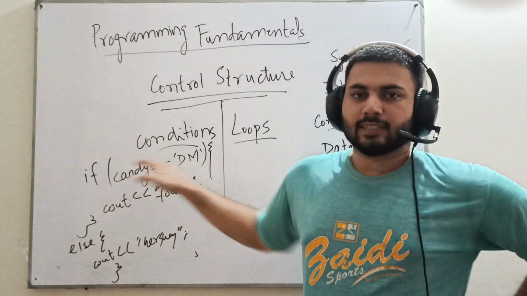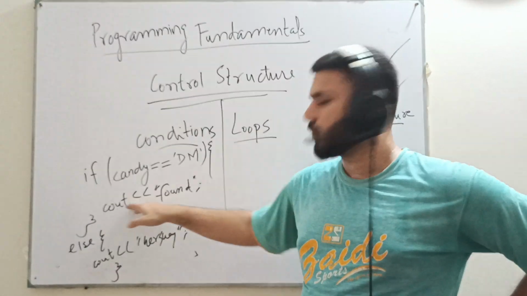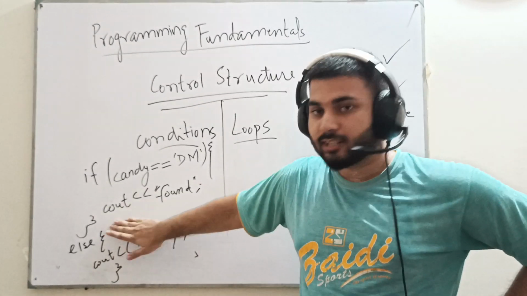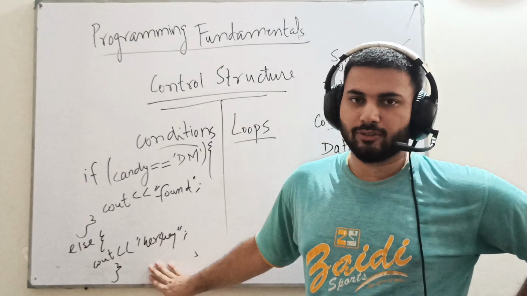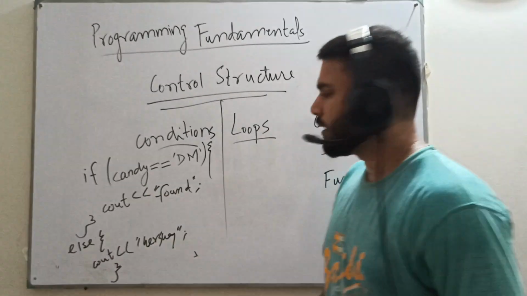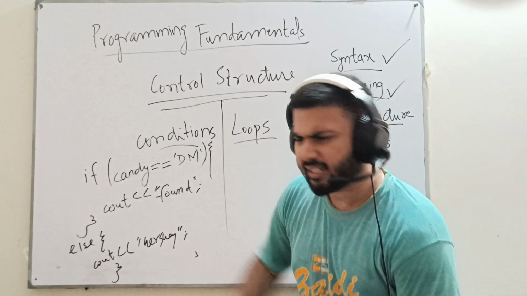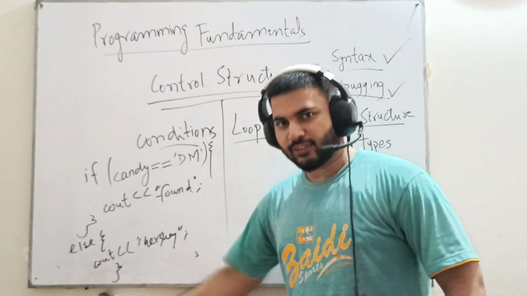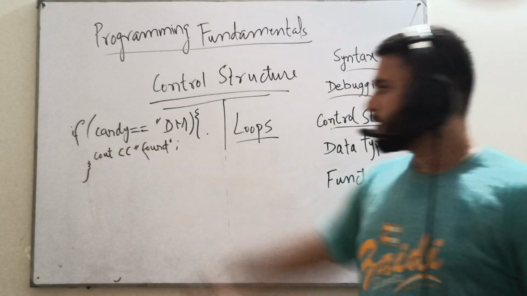So the thing is, if the candy is dairy milk, I found it. Else, if I did not find it, give me Hershey's. That's it. Let's suppose a student, any student, gets up, sir, even if Hershey's is not found, then what if I did not find it?